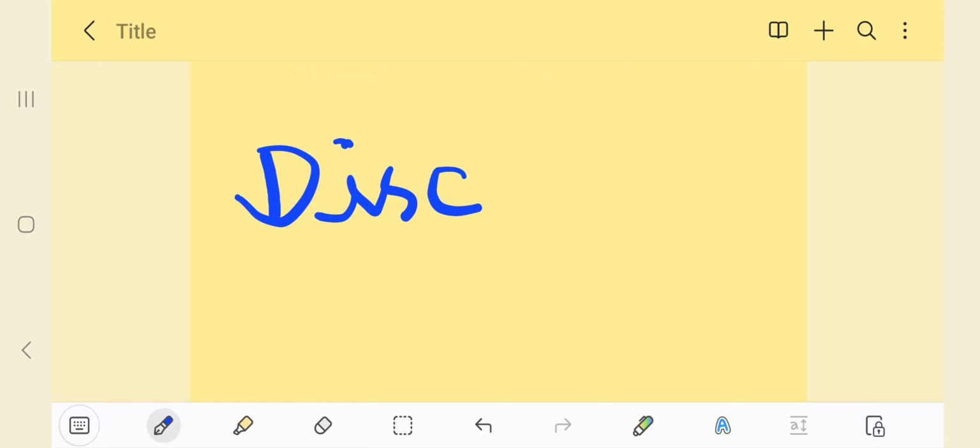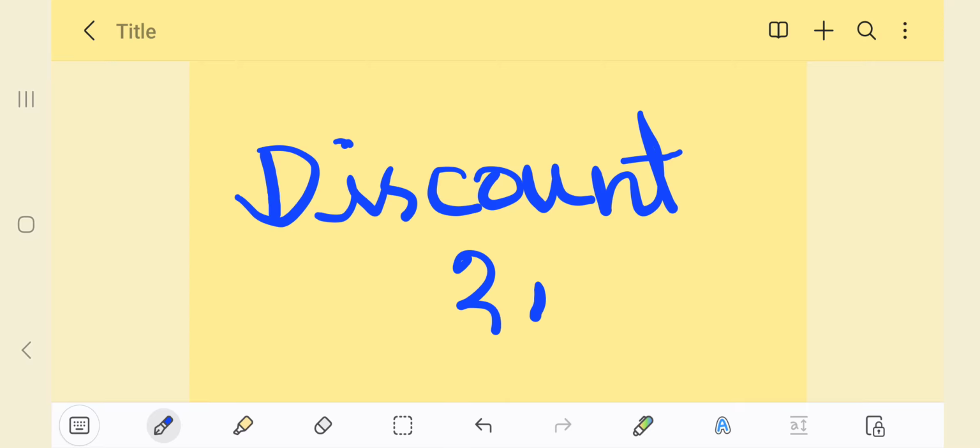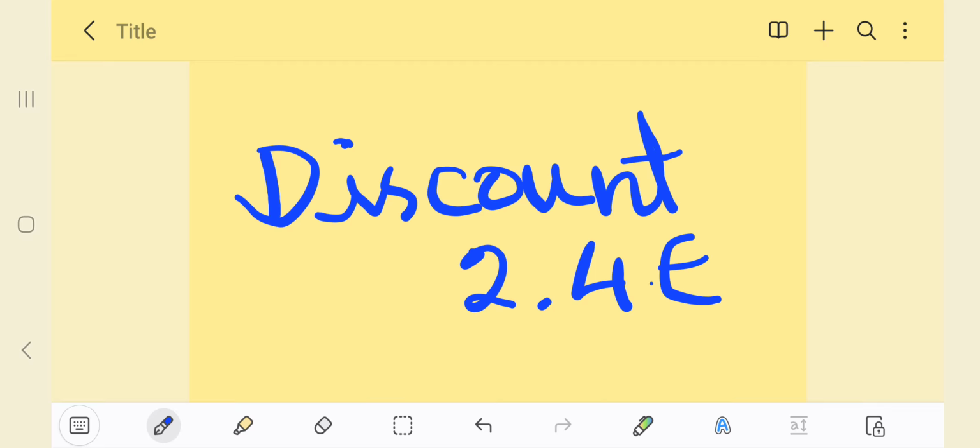So we got the discount, which is 2 euro and 40 cents, and let's put the sign on the other side.